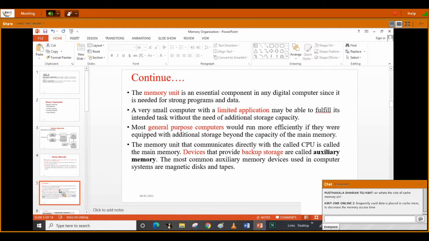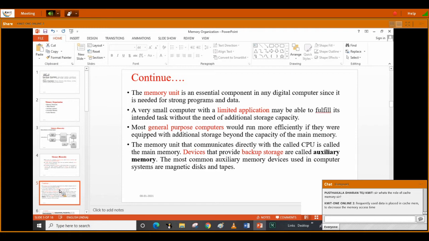Here the memory unit is an essential component in any digital computer, since it is needed for storing programs and their data.